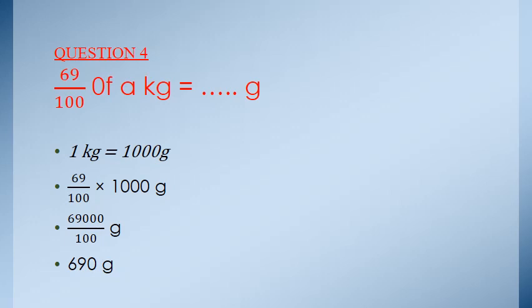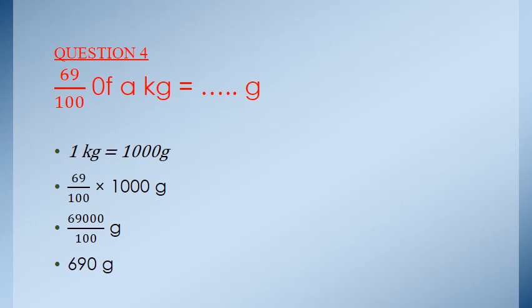Now here what we have done, we have multiplied the numerator 1000, only numerator is there because it's a whole number. That means the denominator would be 1. So multiplying the numerator with the numerator and denominator with the denominator. So 69 multiplied by 1000, the numerator came out to be 69,000, and 100 multiplied by 1, the denominator came out to be 100.